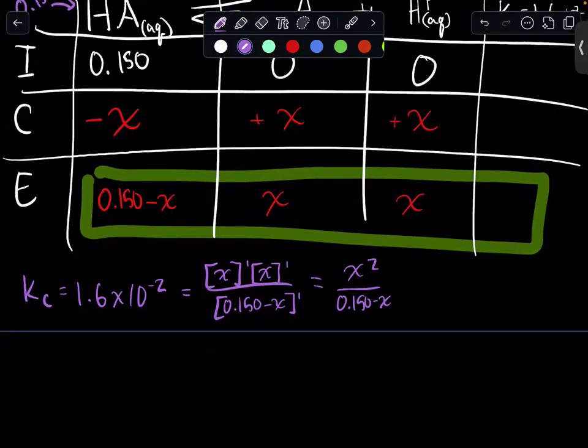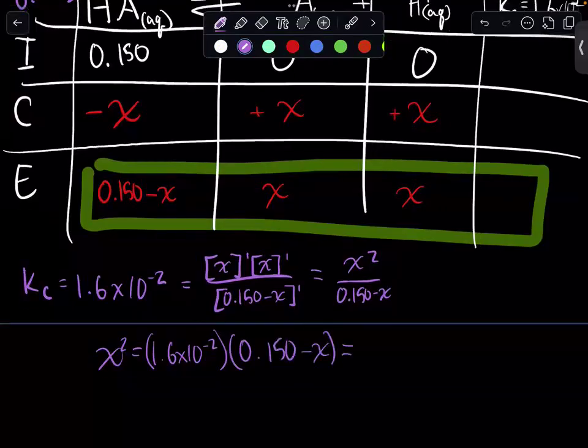What I'm going to do at this point is just simplify this. I'm going to try and put everything on the same side. So as I simplify, x squared is going to be equal to 1.6 times 10 to the minus second, multiplied by 0.150 minus x.